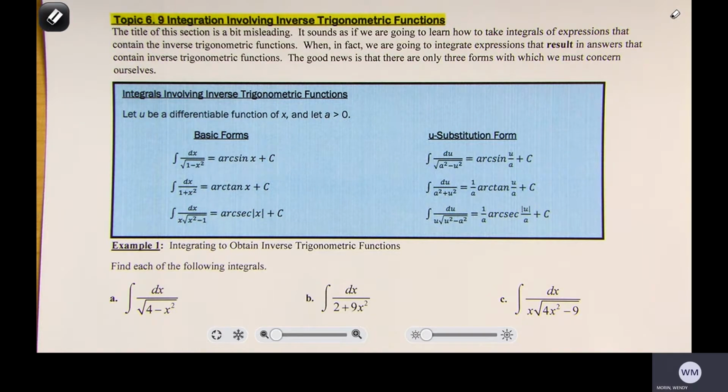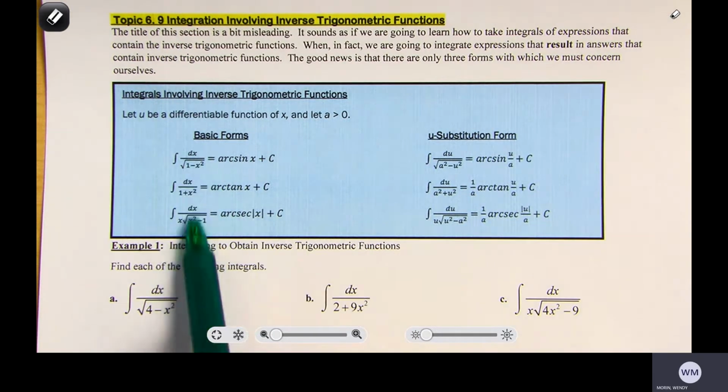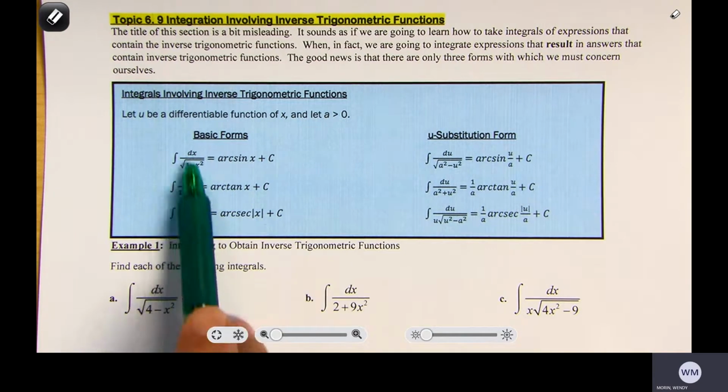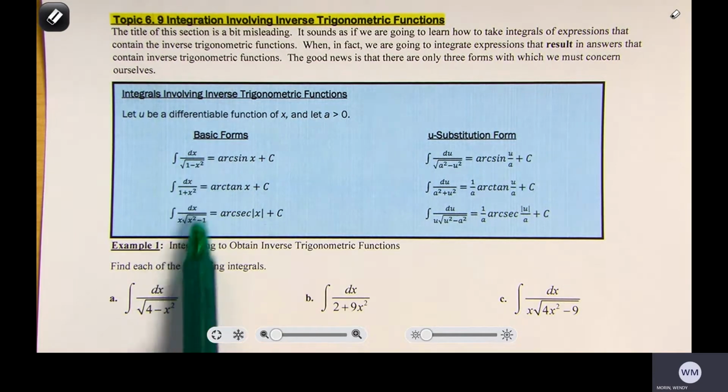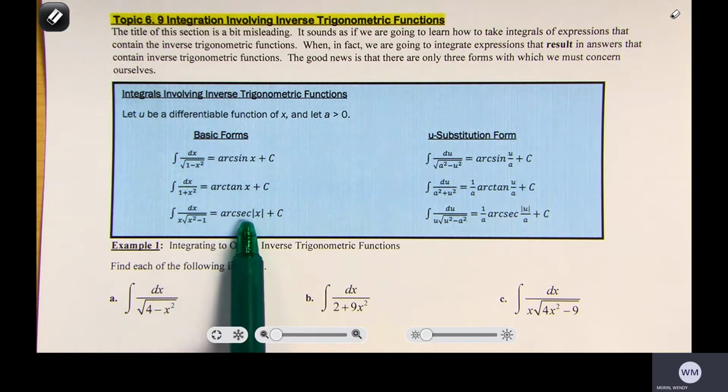The first thing is the integration involving the inverse trig functions. Now, you're not integrating the inverse trig functions, but you're integrating a form whose antiderivatives are these inverse trig functions.